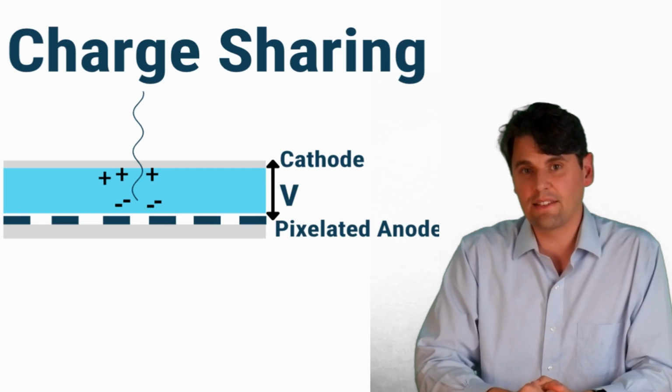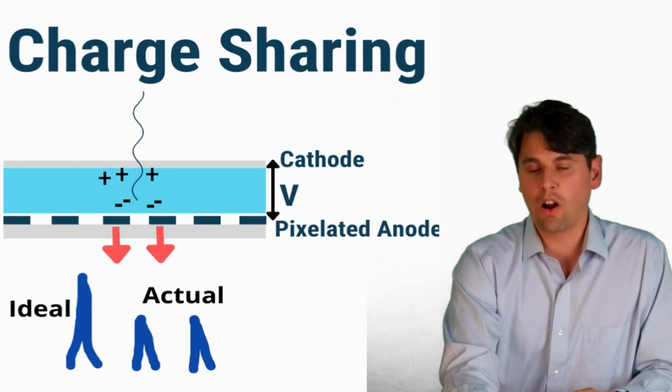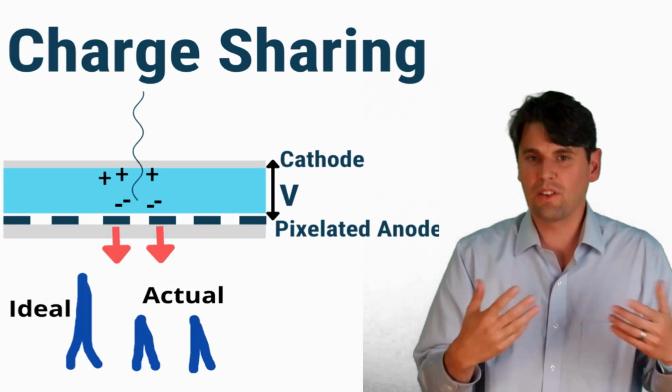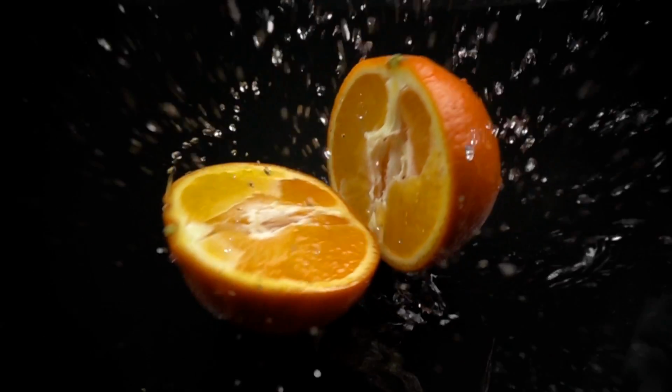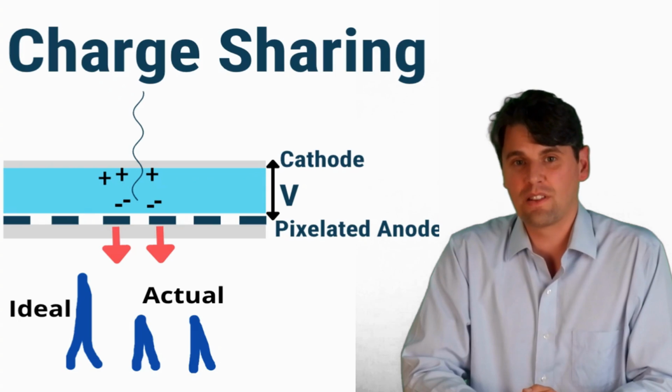So if that's the case, that the X-ray is going right in the middle of two anodes, then the charge is actually going to be distributed between the two. So this charge sharing, I think, should be better called charge splitting, because the charge is actually split between the different anodes.